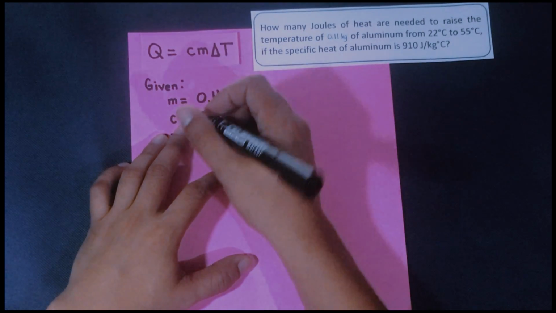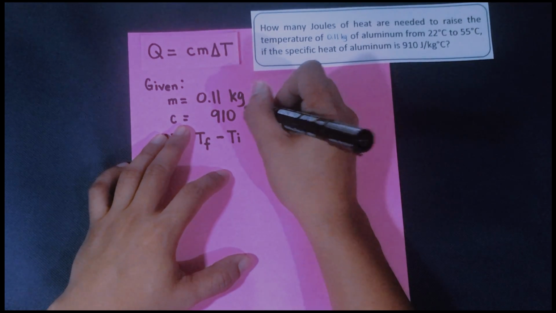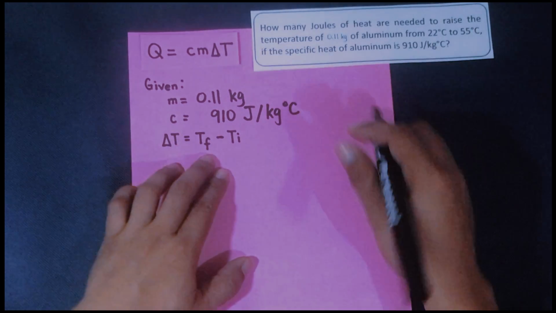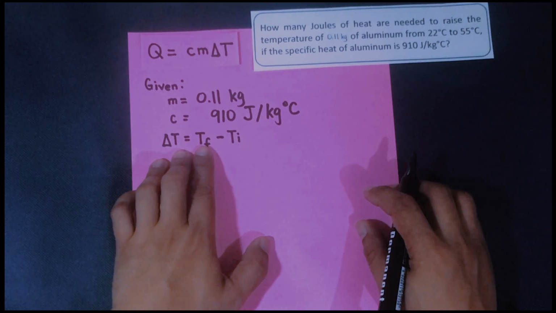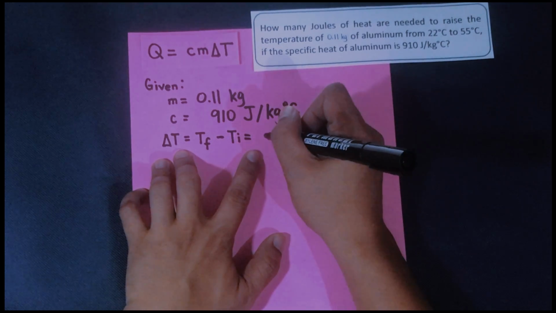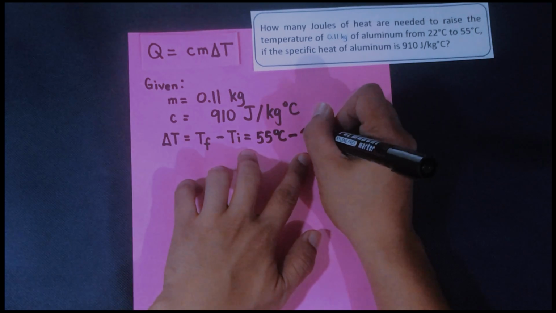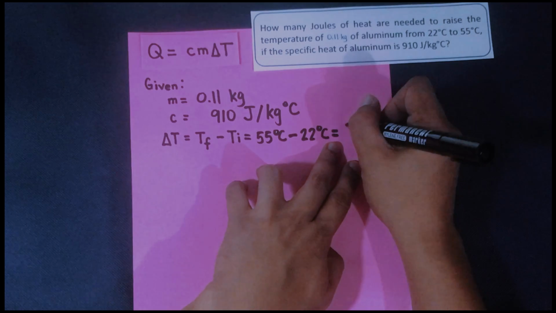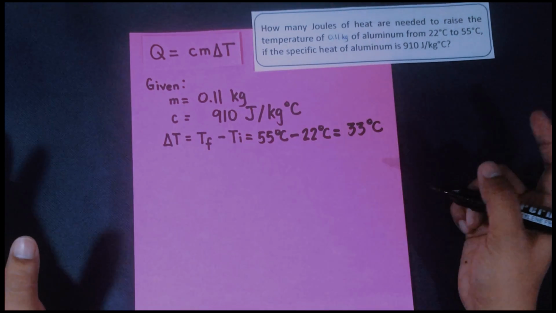The specific heat of the substance is 910 joules per kilogram degrees Celsius. And the change in temperature is final temperature minus initial temperature. We will have the final temperature as 55 degrees Celsius minus 22 degrees Celsius, which will give us 33 degrees Celsius as a change in temperature.